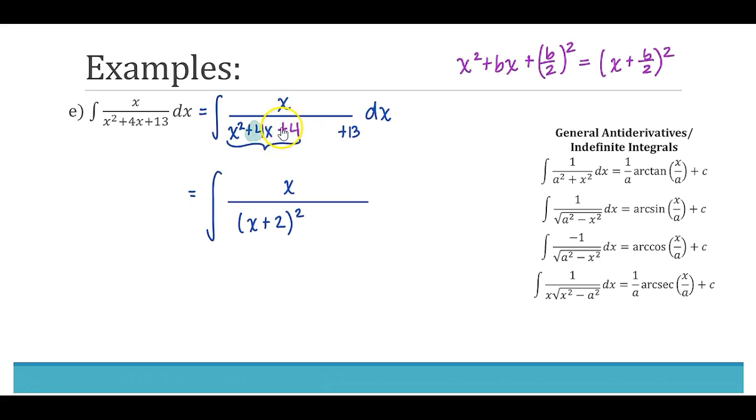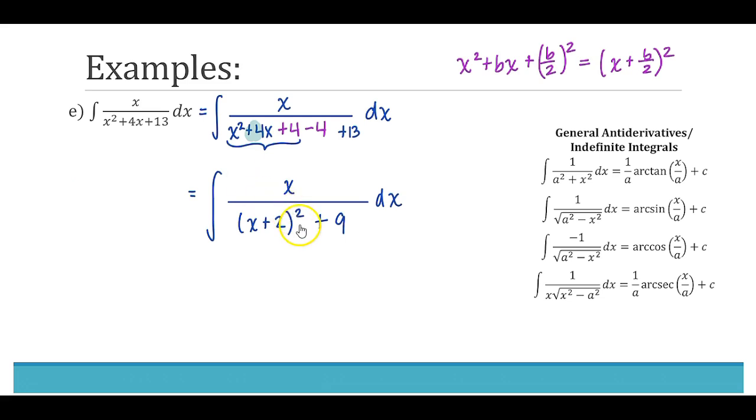But if I add 4 and at the same time subtract 4, I have just cleverly added 0. Positive 4 and negative 4 added together are just 0. But I'm going to choose to group the positive 4 with the first two terms and then add negative 4 plus 13 together to give me a plus 9, dx.